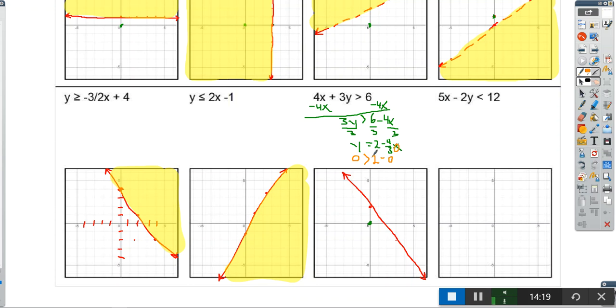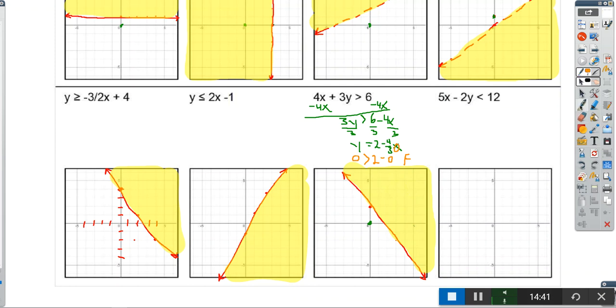So 0 is greater than 2. That's not true. That is a false statement. So the shaded region is not going to have 0, 0 as one of its points. So that means that I must shade above the boundary line.